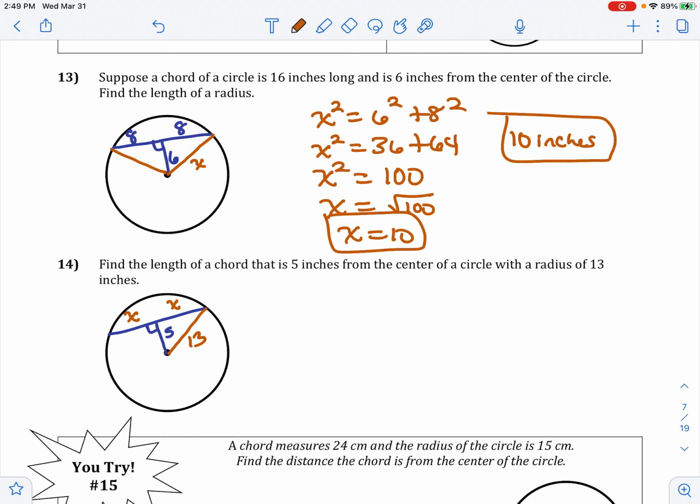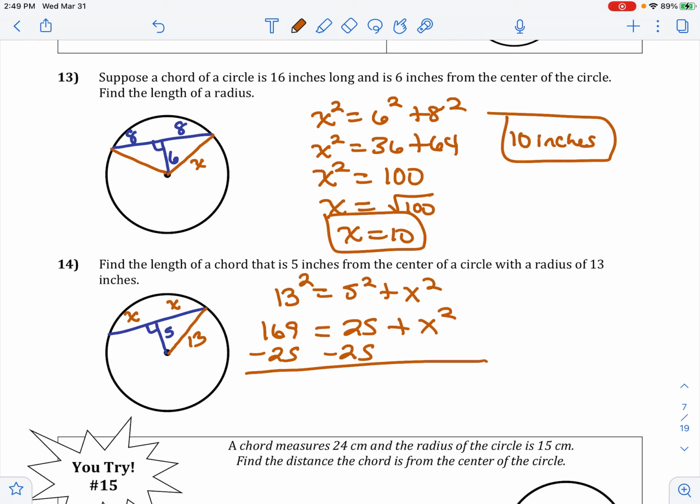So let's do the Pythagorean theorem again. This time I know the hypotenuse. 13 squared equals 5 squared plus x squared. 169 equals 25 plus x squared. Take away 25 on both sides, and we get 144 equals x squared.